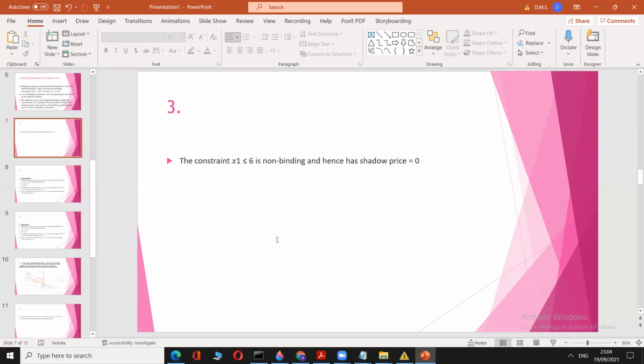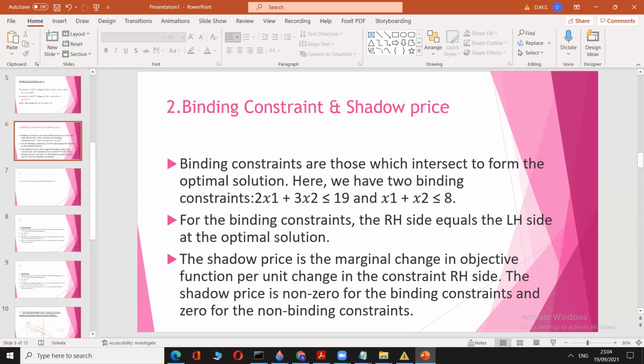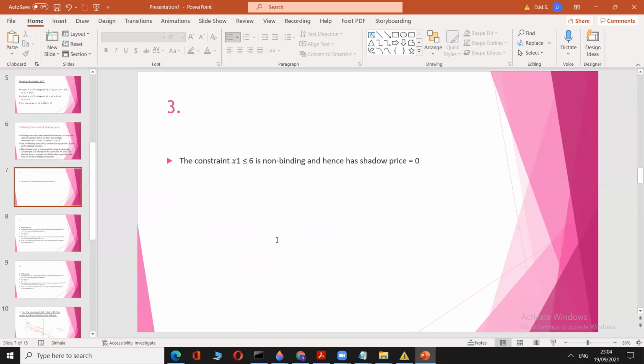Right after that, we want to find the shadow prices of the binding constraints. Now this x1 less than or equal to 6 does not have a proper binding, because it does not have an upper limit.